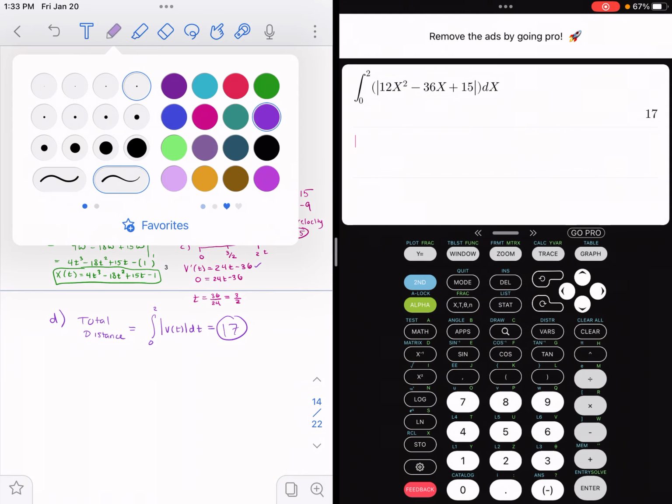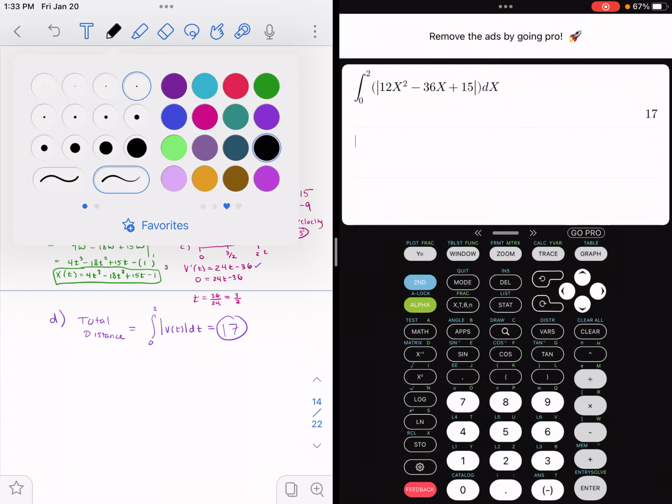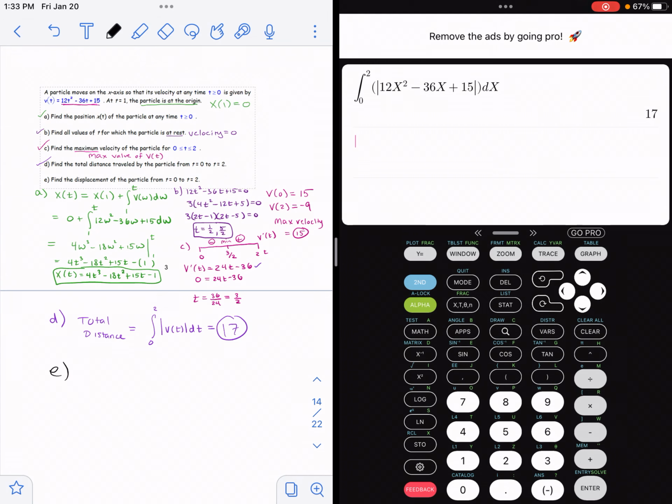Okay, while we're here, we'll do the next one, which will finish this all off. Part E says find the displacement. Your displacement, remember, is a change in position, and it's just the integral from 0 to 2, no absolute value bars.